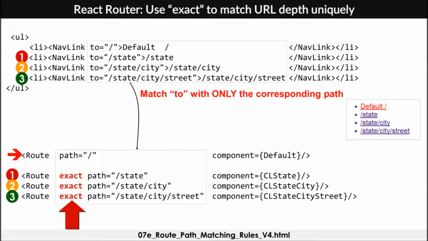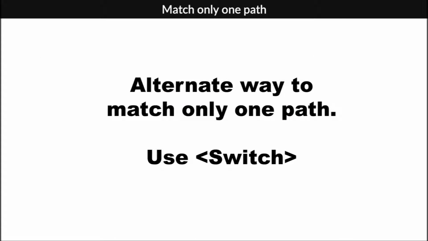But what about the one at the top, path /? You'll see that doesn't have the exact keyword, which means every single one of those links that you click will render the default component. That may be what you want, it may be not what you want. But now you have much tighter control of which components are going to get rendered based on the URL depth.